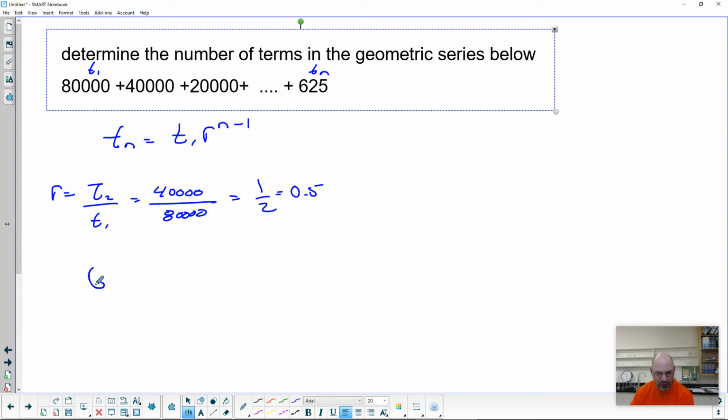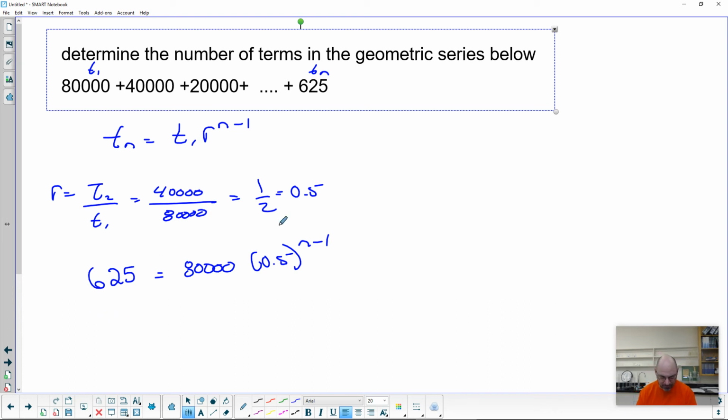So we're going to go 625 equals 80,000 times R, which is 1/2 or 0.5, to the power of n minus 1. So this is going to be another guess and check question. You're going to divide 625 divided by 80,000 first.